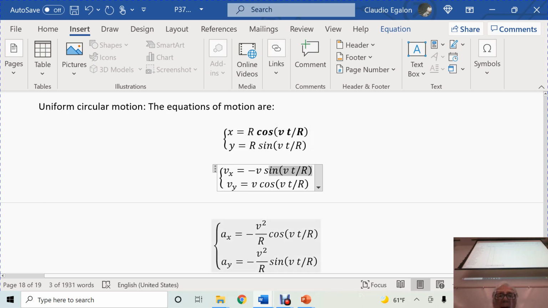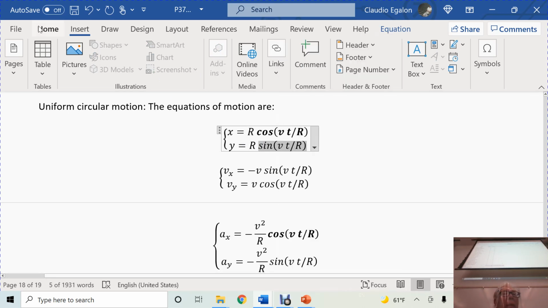But if you look here at the acceleration, the x component of the acceleration is proportional to the x component of the position, right? See that? We have a cosine here, we also have a cosine here. And what happens to the y component? The y component too, you have the same situation.